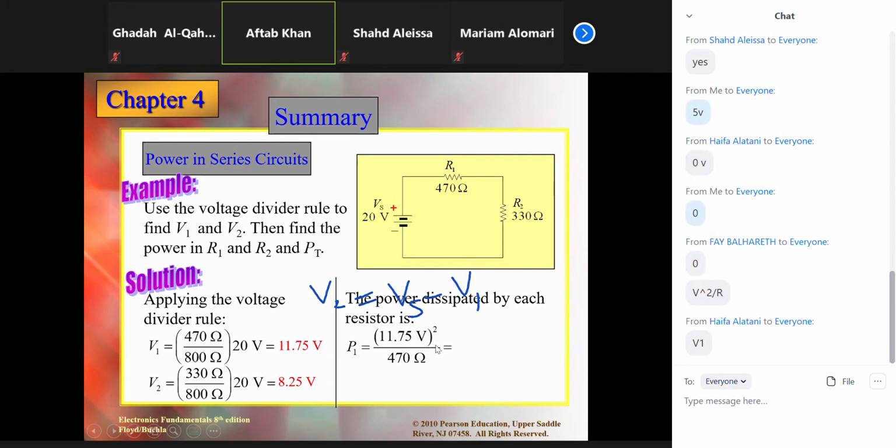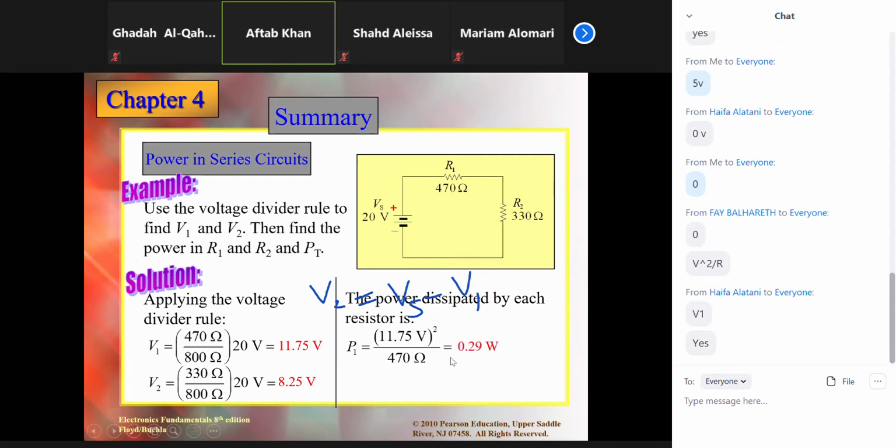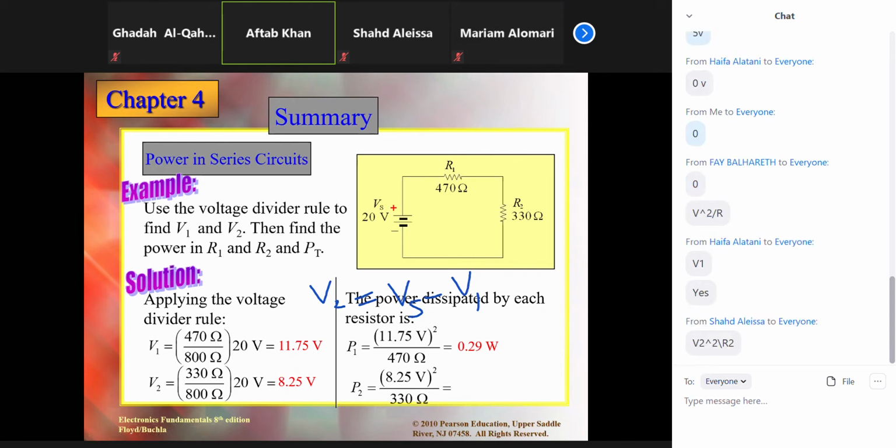So we can get 0.29. Similarly, the specific formula for P2 will be V2 square over R2. We can get this one also. Now this is the power, and if we sum it, we get 0.5 watt. This is the power dissipated by the circuit.